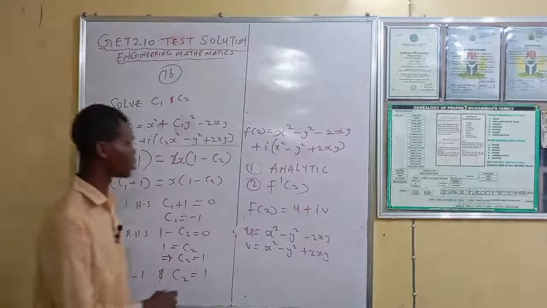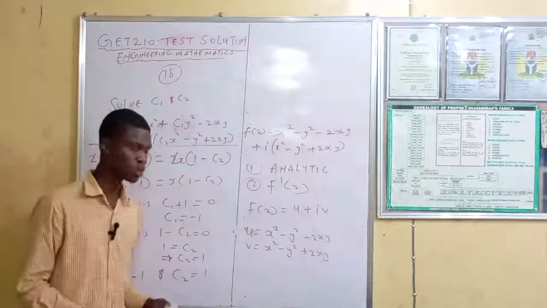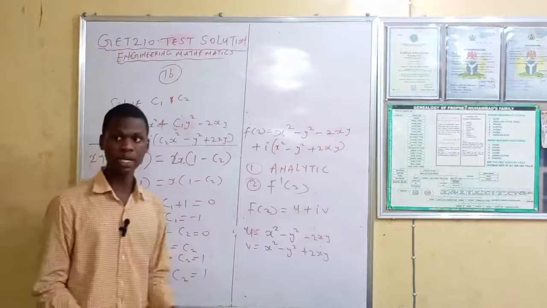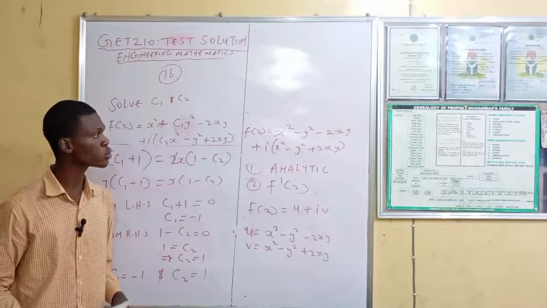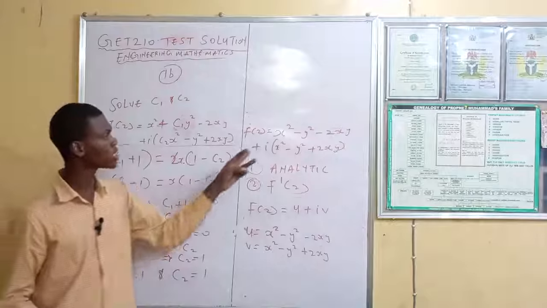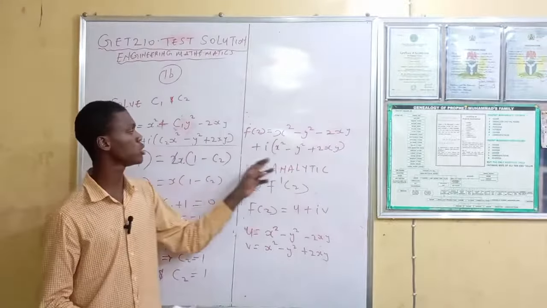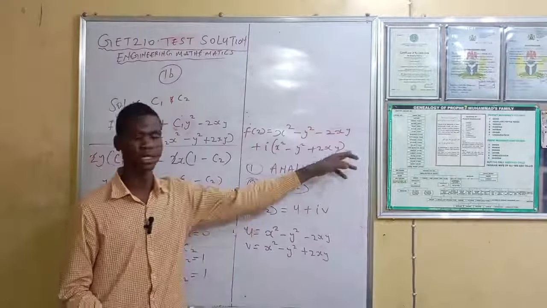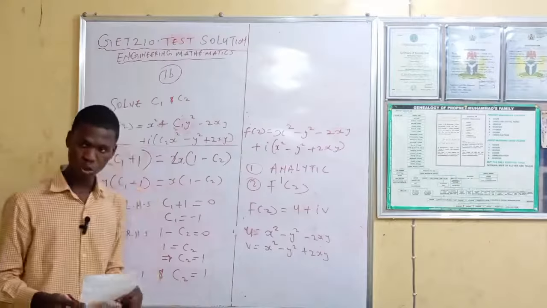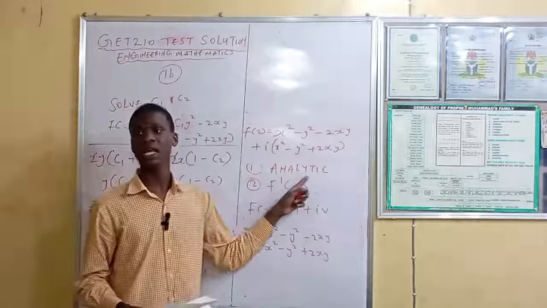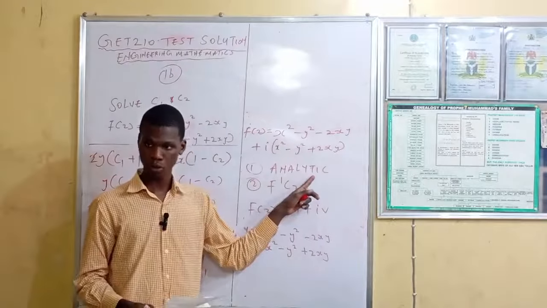The first question, now we found c1 and c2. By the time we get the value of c1 and c2, we substituted those values inside the given question. You can now rewrite the given function as this. Now we want to attempt question 1. Is the function analytic?